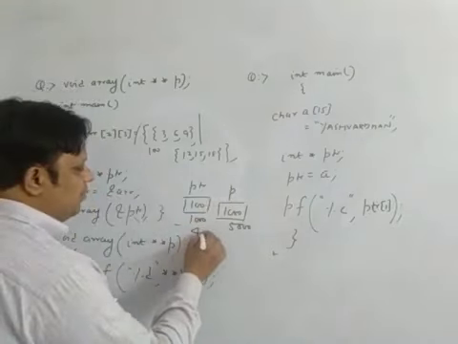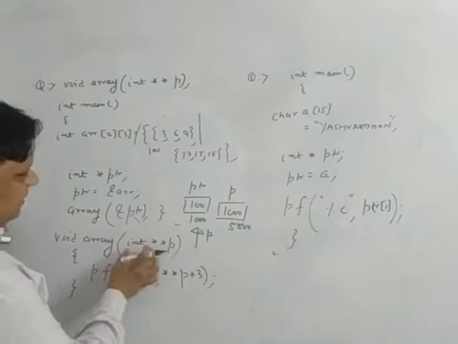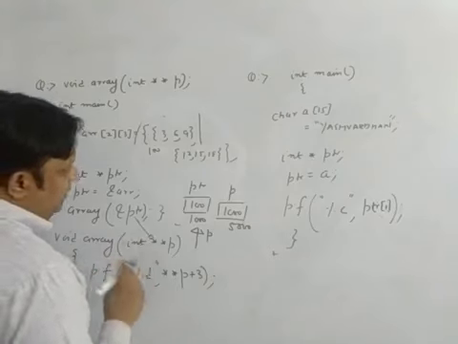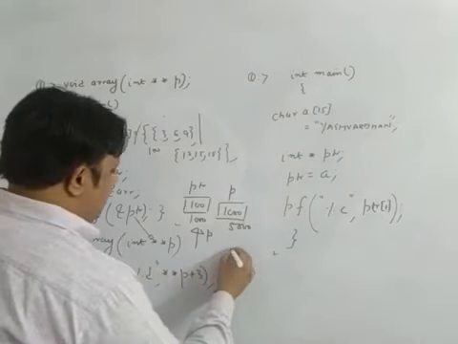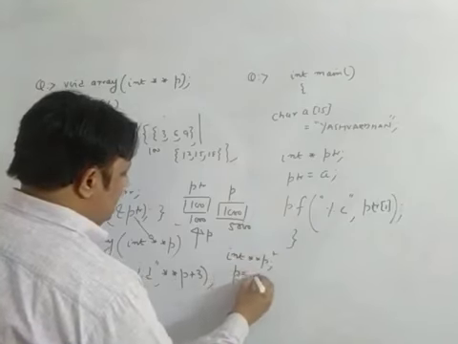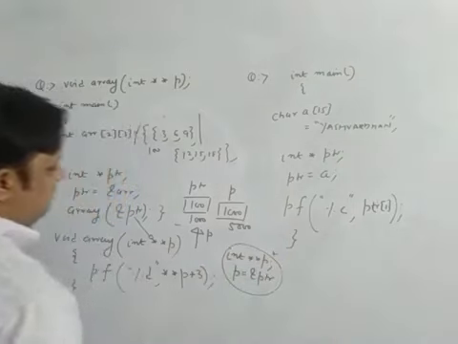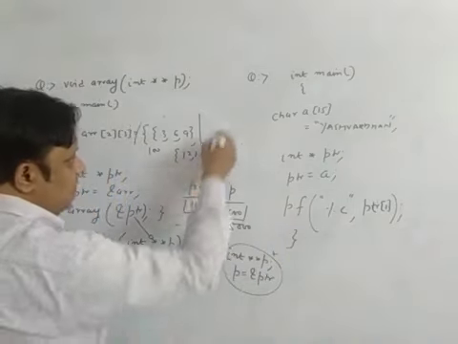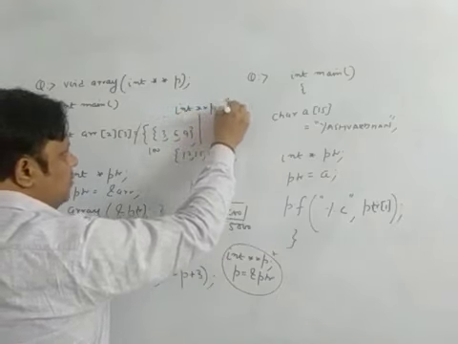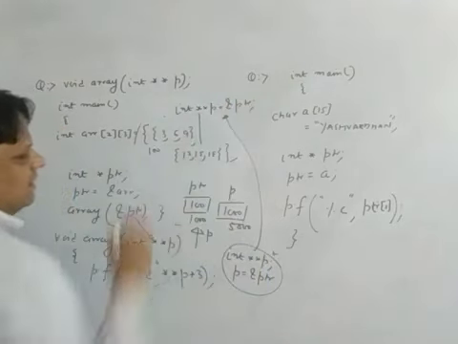Now when you write int star p, and address of ptr is getting stored in p, it means I have a pointer int star p, and p is equal to address of ptr. When you combine these two lines, it makes the line int star p is equal to address of ptr. So these two lines make this line.